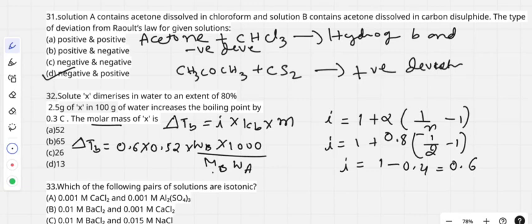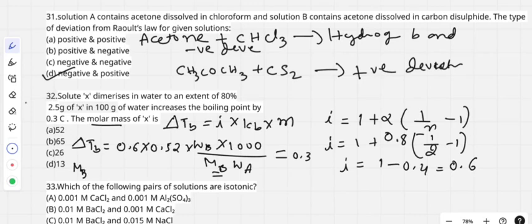So we want Mb here. Already we know that delta Tb is 0.3 degree Celsius. So Mb is equal to, if you substitute all the values, you have Wa here. Our Wa is 100 gram of water.